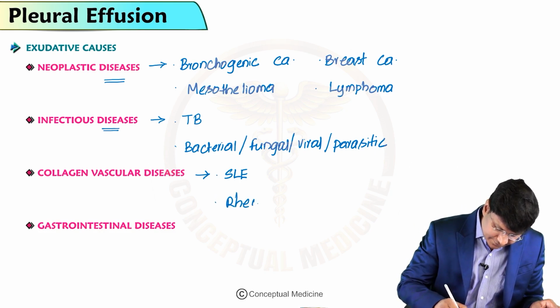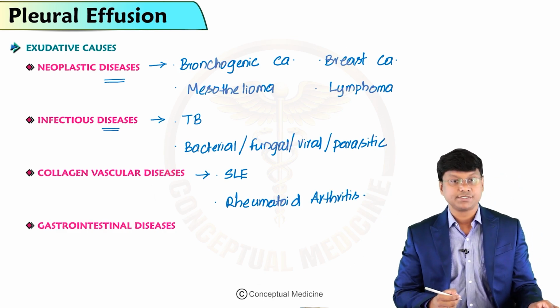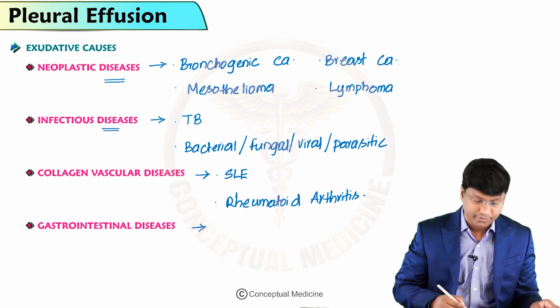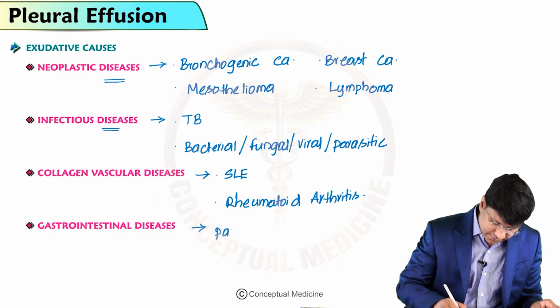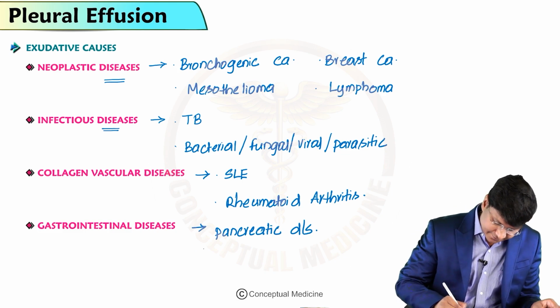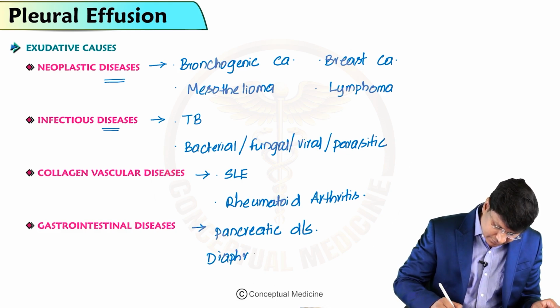Rheumatoid arthritis. And gastrointestinal diseases that contribute to the development of exudative type of pleural effusion are pancreatic disease, which mainly contributes to left-sided pleural effusion, and then diaphragmatic hernia.